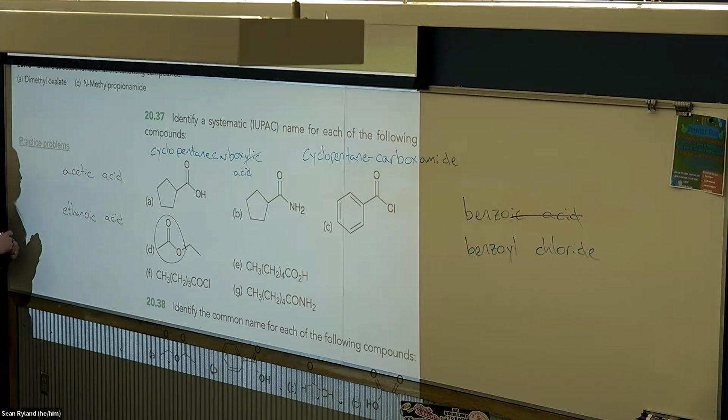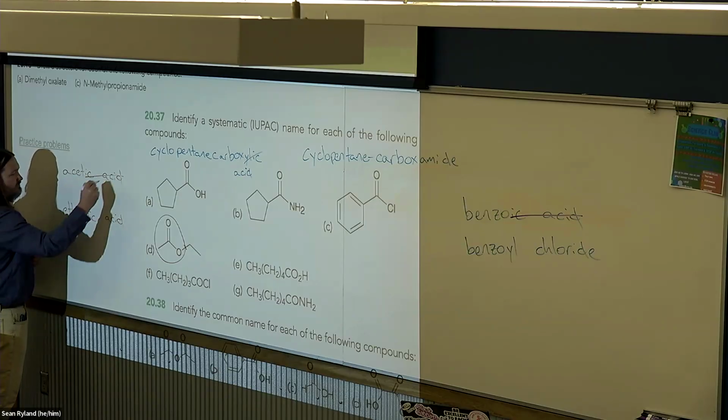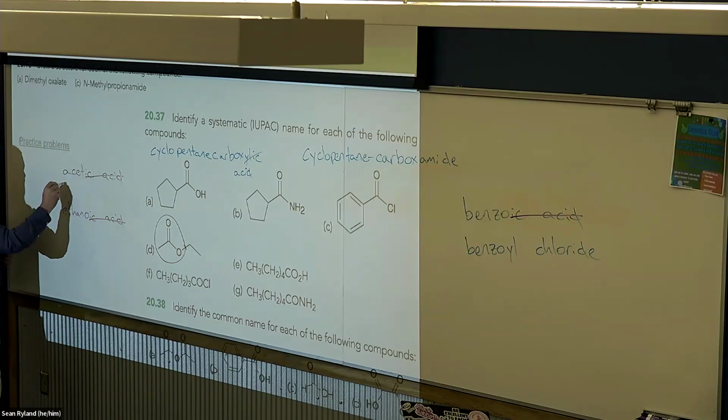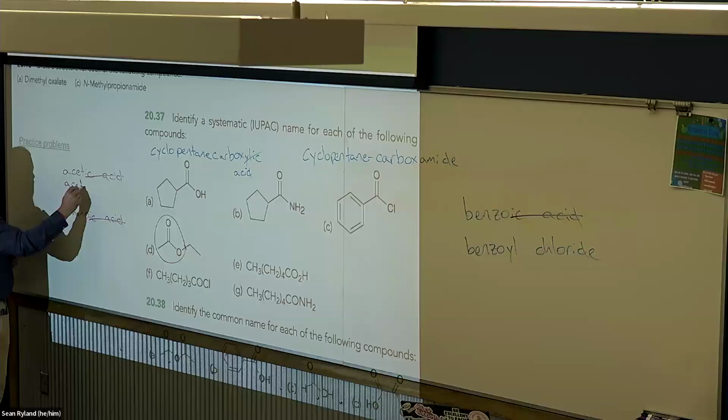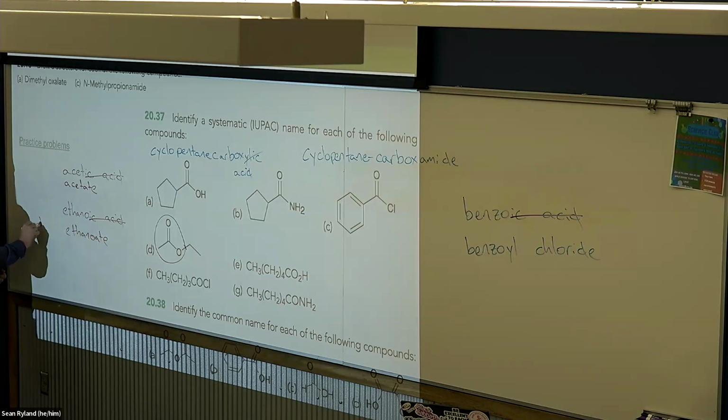We drop the ic acid to turn into ate. Correct. Two words. Ethyl ethanoate or ethyl acetate.